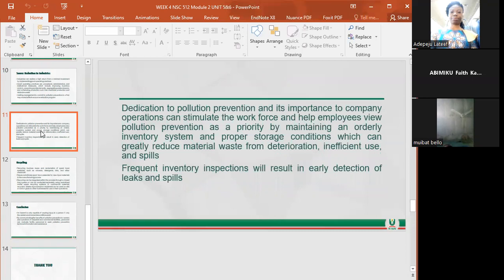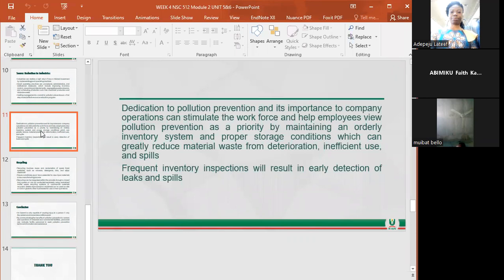Not only that, they must also frequently do an inventory inspection. Those are the ways in which management or industries can contribute to reduction of pollution.